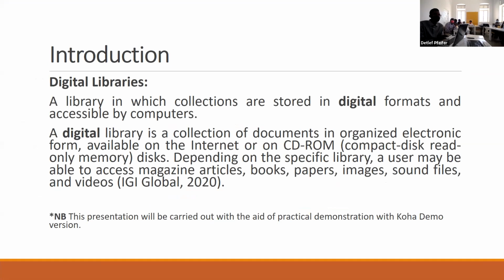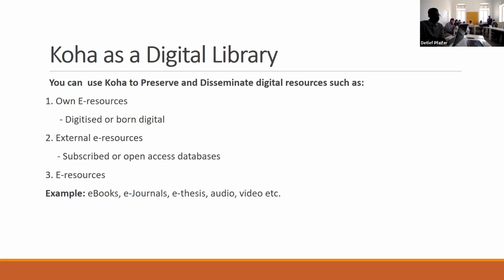So digital libraries, that's the definition. It's a library in which collections are stored in digital formats and accessible by computers. Or it can also be called a collection of documents in organized electronic formats available on the internet, on CD-ROM or compact disk or read-only memory disks, depending on the specific library. A user may be able to access those specific materials, either journals, magazines, books, etc. So Koha is a digital library.